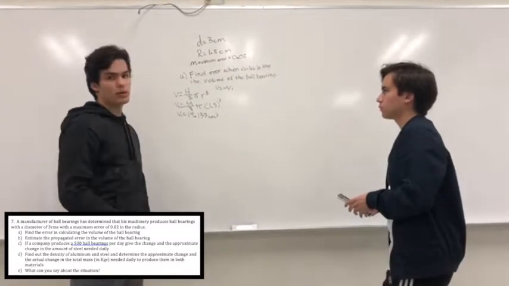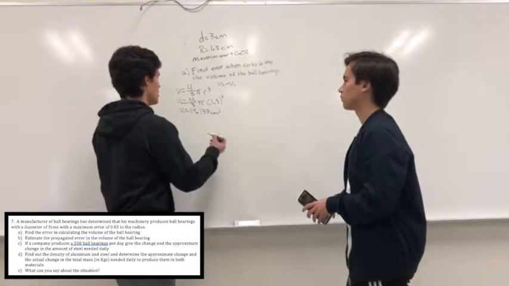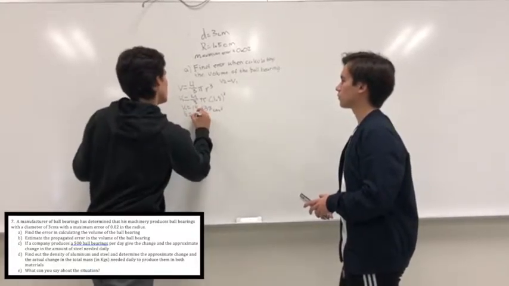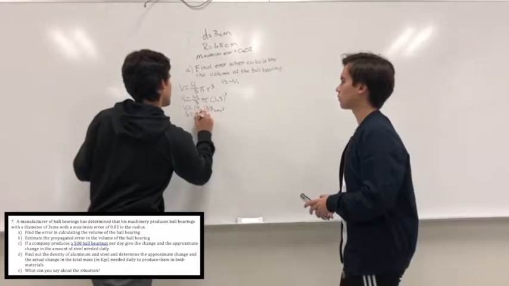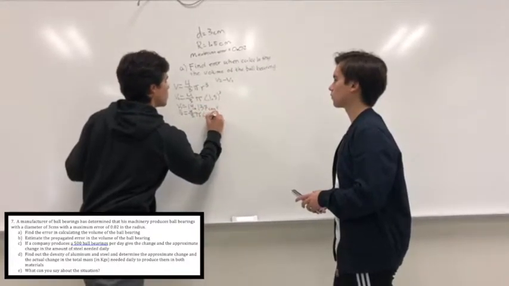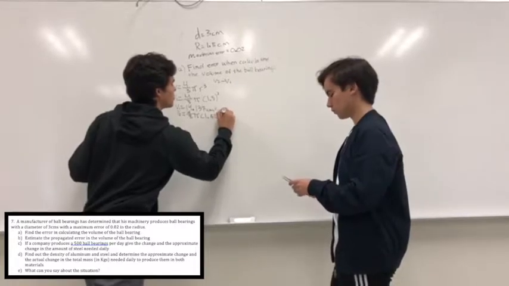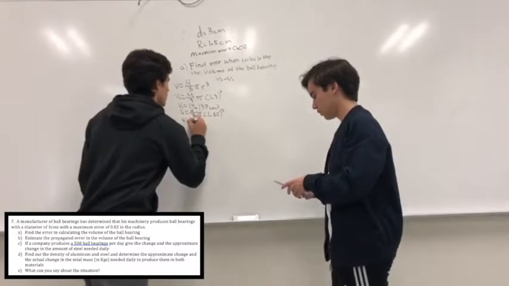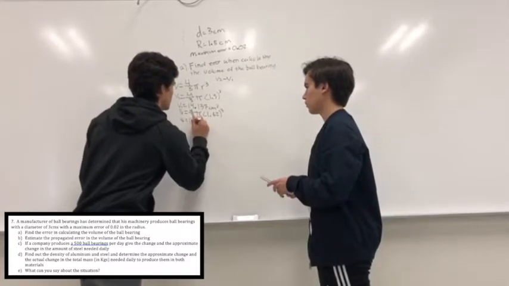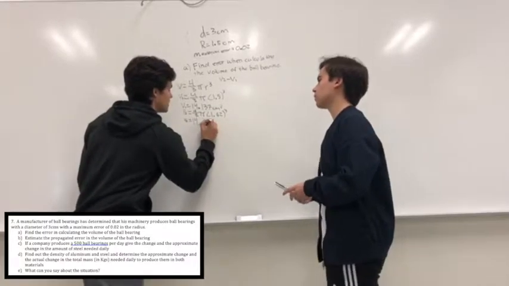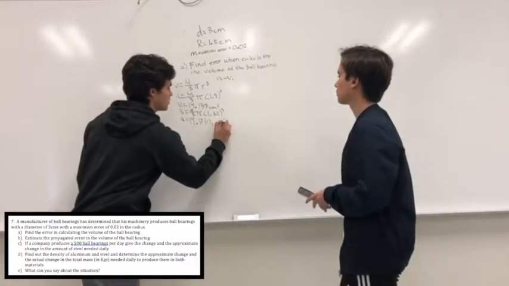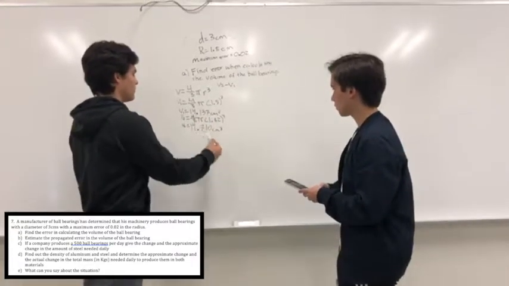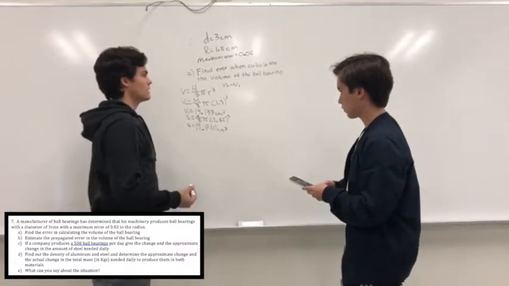Instead of being 1.5, it will be 1.52, so volume 2 is equal to 4/3 pi times 1.52 to the third power, and that will give you 14.710 centimeters cubed. After that, the last step, you need to subtract volume 1 from volume 2, and that will give you the error.